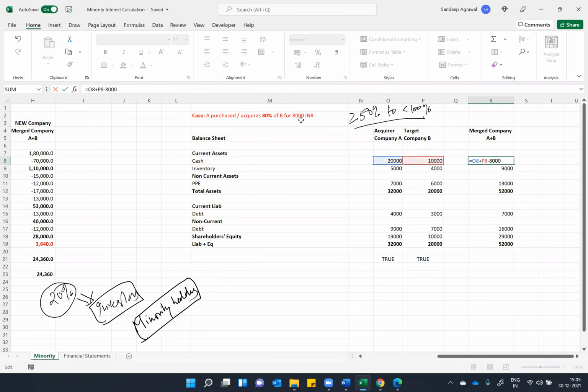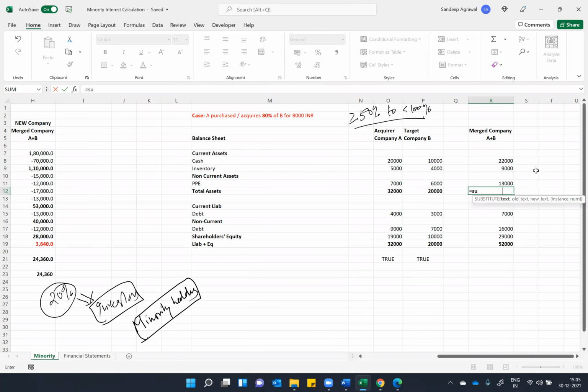Because you have given 8,000 to the person or set of people who hold this 80% share. So your balance sheet total cash will reduce by 8,000. So this plus this minus this should give you the total cash, which is 22,000. This is the first adjustment that you will do.